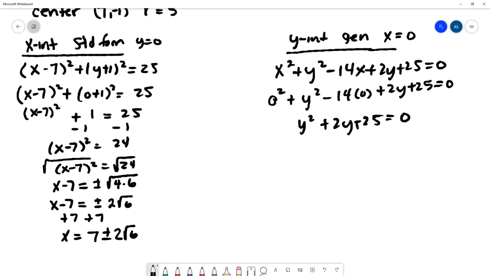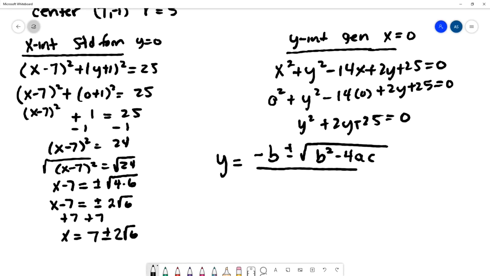So instead, I can use the quadratic formula. Using the quadratic formula, I would have y is negative b plus or minus the square root of b squared minus 4ac all over 2a. For this example, a is 1. A is always the coefficient of the squared.